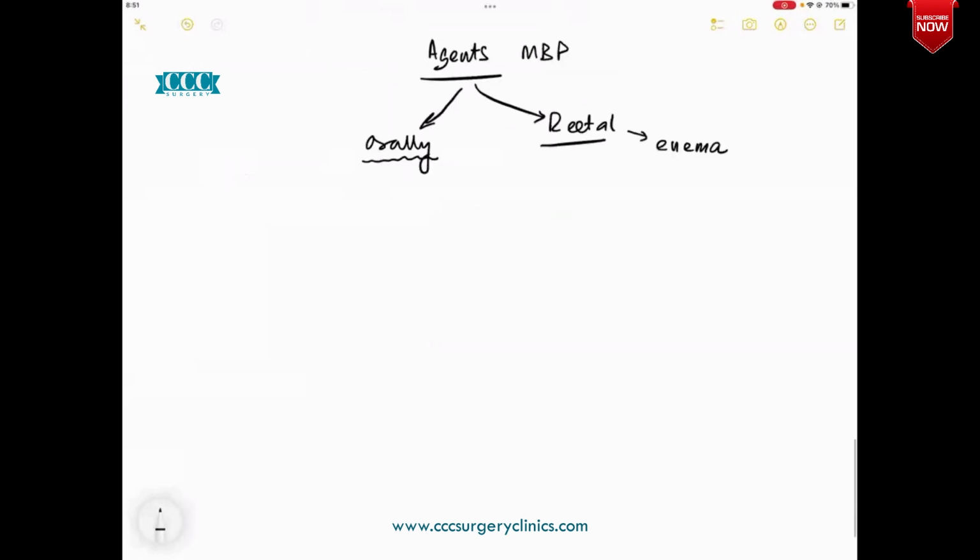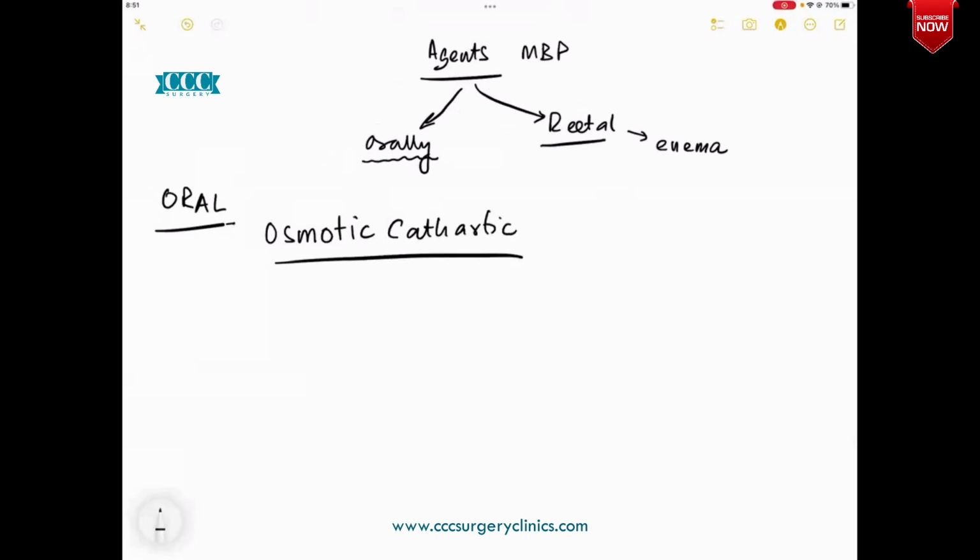Now, when we talk about the oral drugs, the first of the oral drugs to begin with are osmotic cathartics. That means they are expected to draw in water. They are usually absorbed, and they are responsible for bringing in the water.